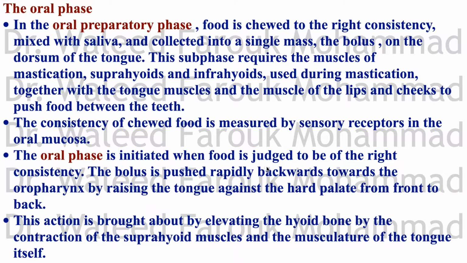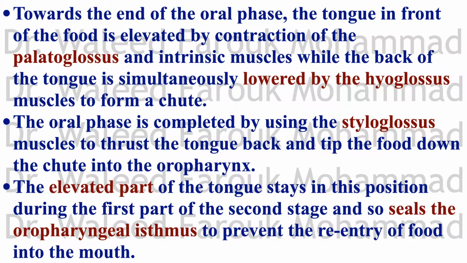This action is brought about by elevating the hyoid bone, by the contraction of the suprahyoid muscles, and the musculature of the tongue itself. Now, towards the end of the oral phase, the tongue in front of the food is elevated by contraction of the palatoglossus muscle we studied before.